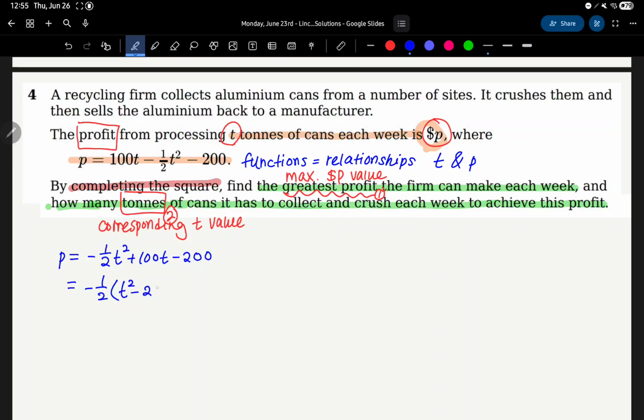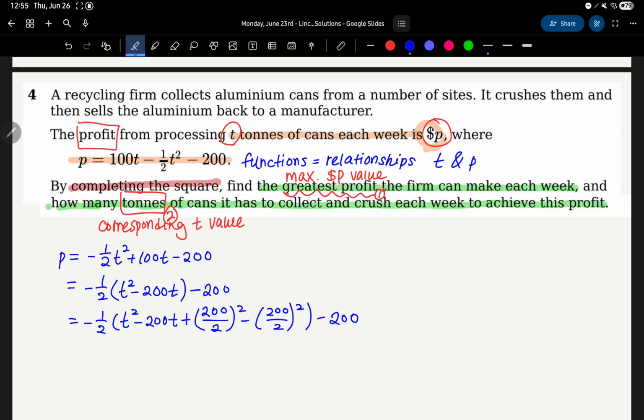From here, we're going to complete the square, so it's going to look like t squared minus 200t plus (200 over 2) squared minus (200 over 2) squared, minus 200, yeah?